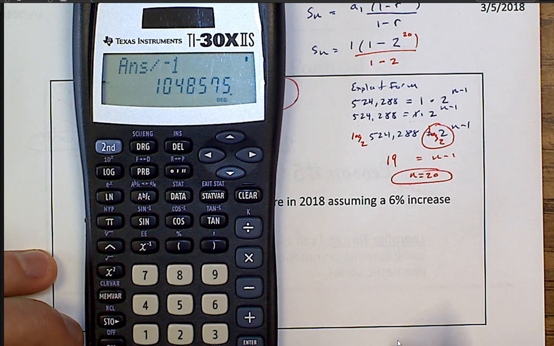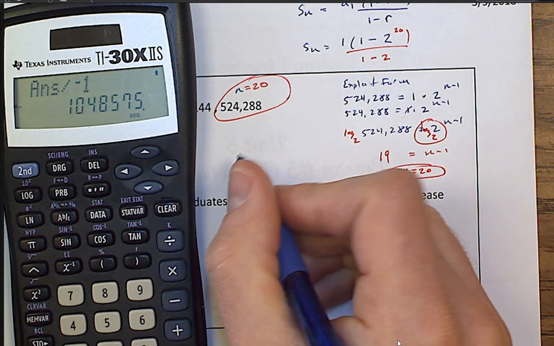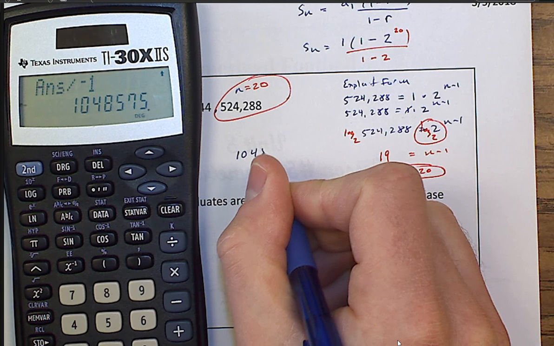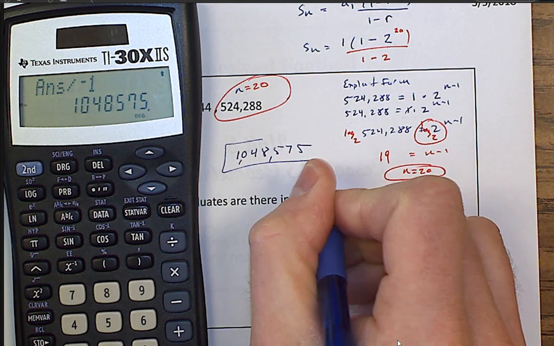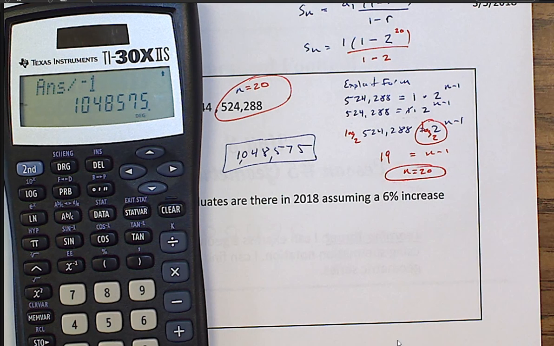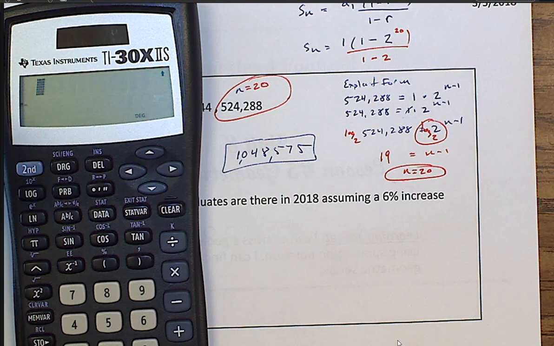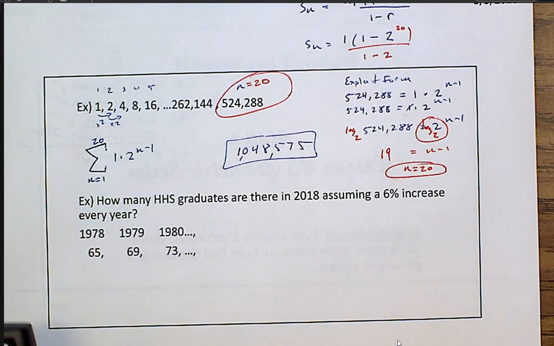So my sum for this is going to give me 1,048,575. Okay? Nice.